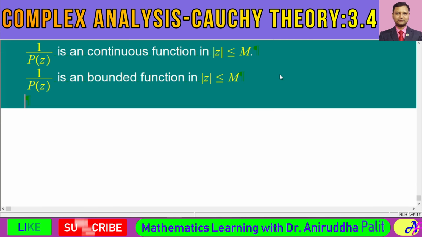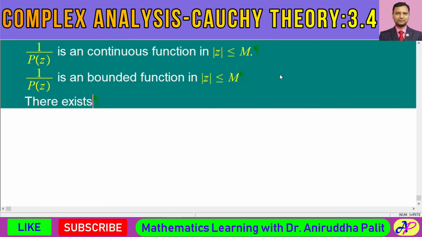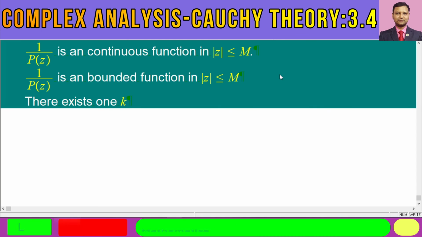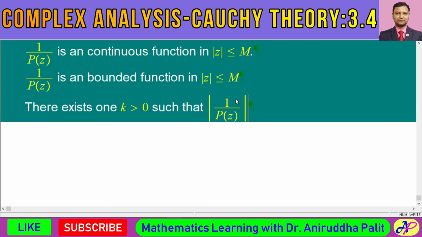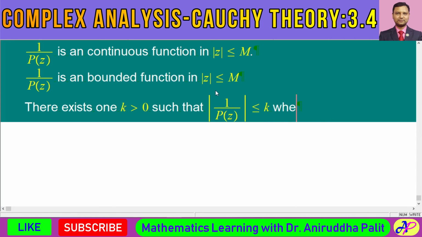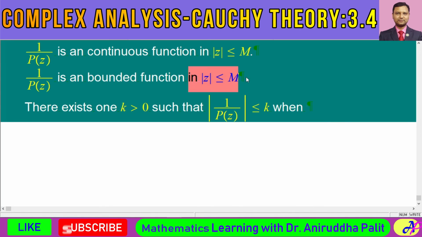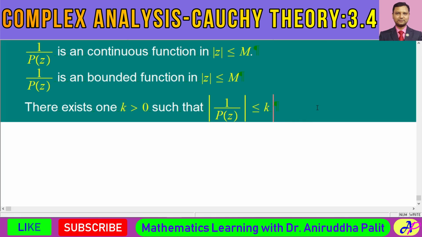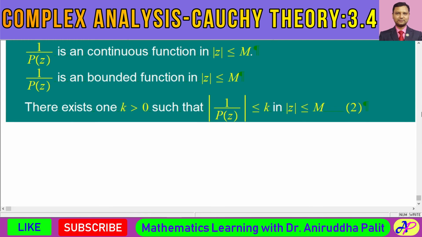Bounded means that there exists a number, maybe K greater than 0, such that the modulus of this expression is less than or equal to K for all z in the region modulus of z less than or equal to M. Let us call it relation number 2.